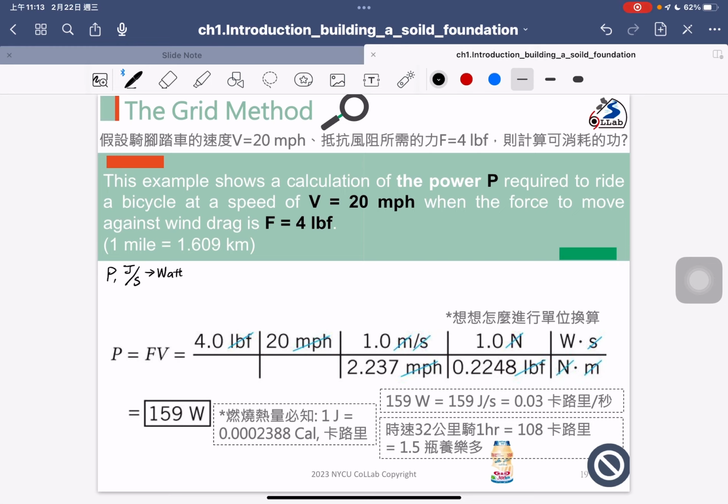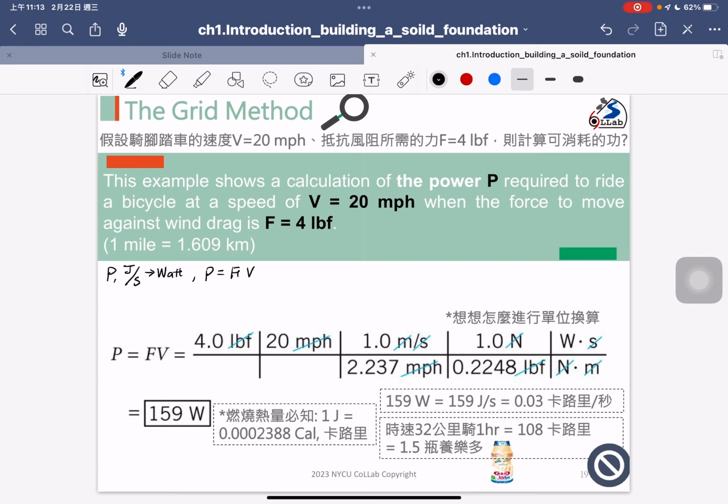So let's say we need to know how many joules per second the power is. And we know that P can be defined as F multiplied by the velocity, F times velocity.